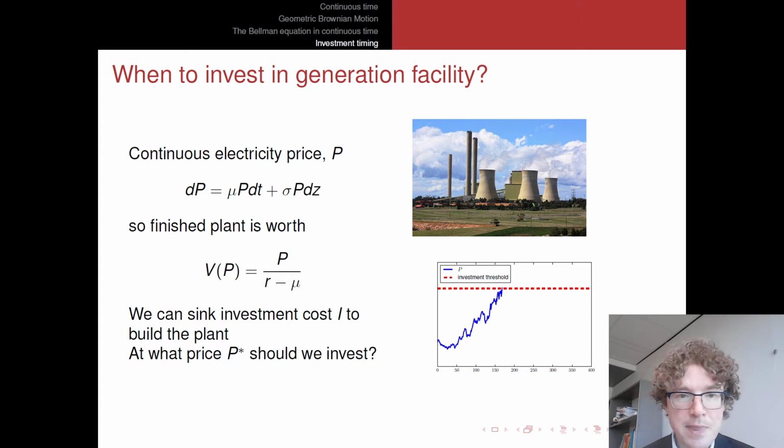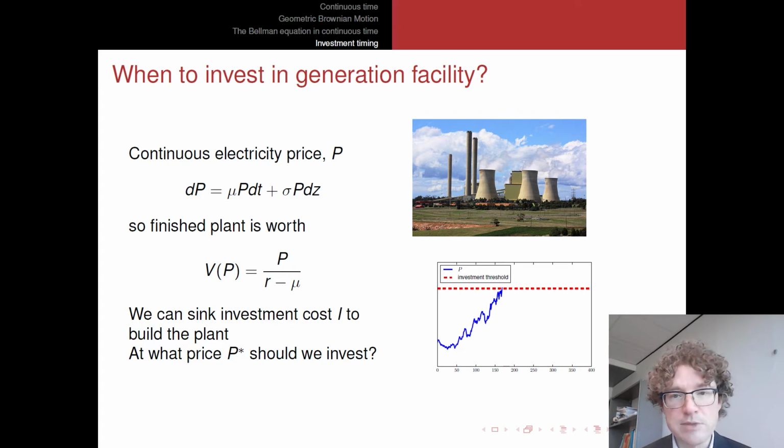When we have a finished plant, it has some worth: it's going to produce electricity all the time, priced at P, which is governed by geometric Brownian motion. As we have seen, the value of such a finished plant, which produces a stochastically growing output P, will be P divided by r minus mu. So this is a growing uncertain perpetuity value.